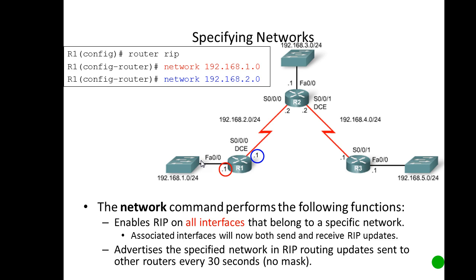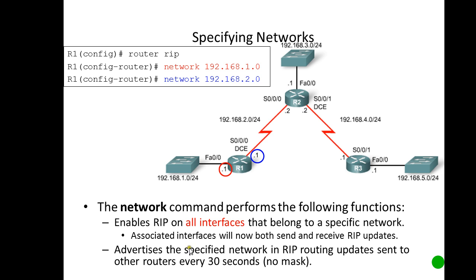This network command performs the following functions. The first one is to enable the RIP protocol on all interfaces that belong to a specific network, in this case 2.0 and 1.0.